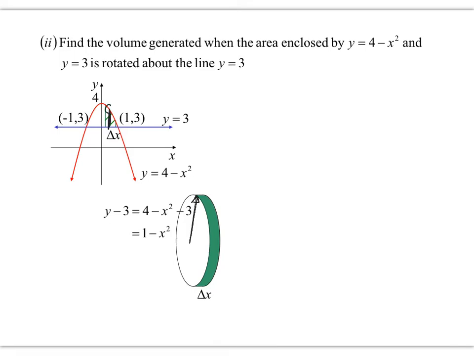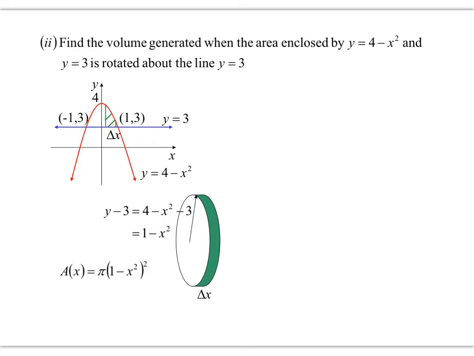So it's essentially this value take away that value of 3. Okay, so it's going to be y take away 3. So it's going to be 4 take away x squared. That's what y is. 4 take away x squared, take away 3. So you essentially have 1 take away x squared being the radius of that disk.